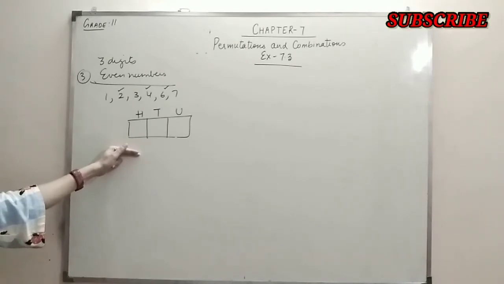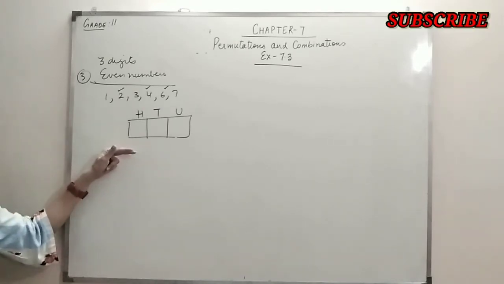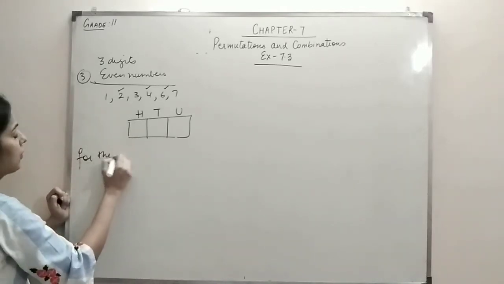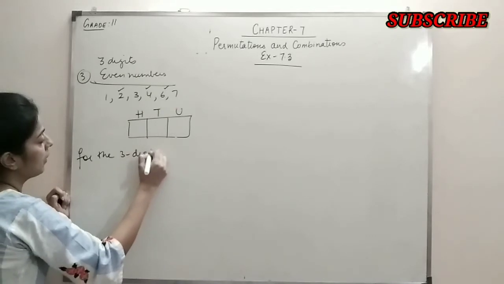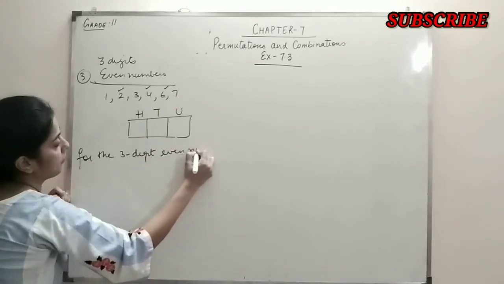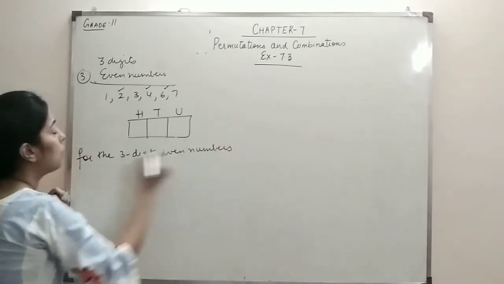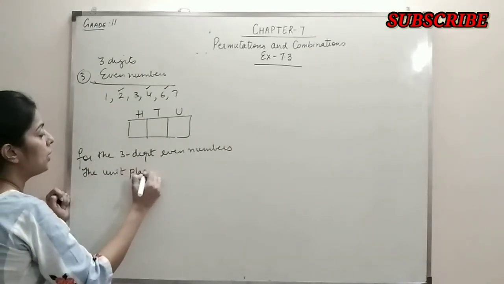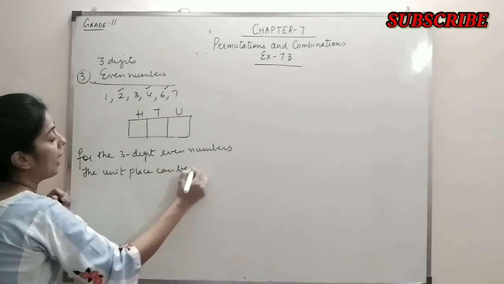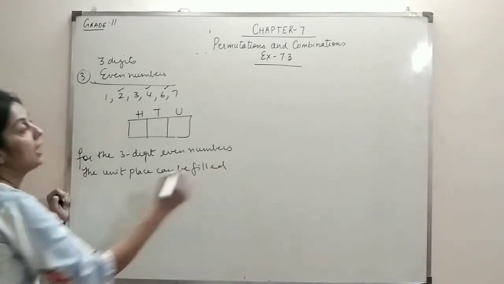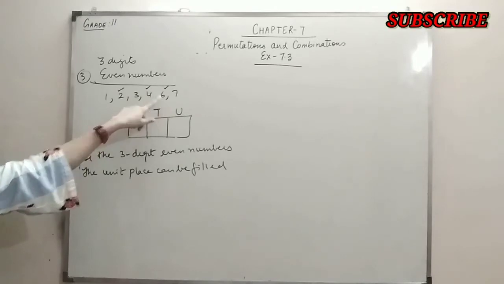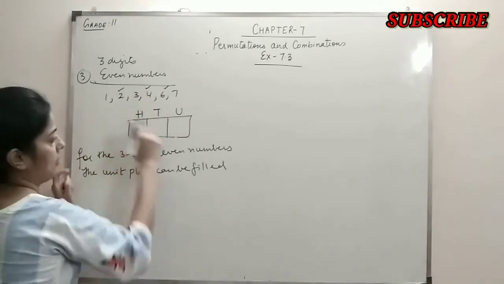So write down: for the 3-digit even numbers, the unit place can be filled by either 2, 4 or 6. The unit place can be filled in 3 ways.